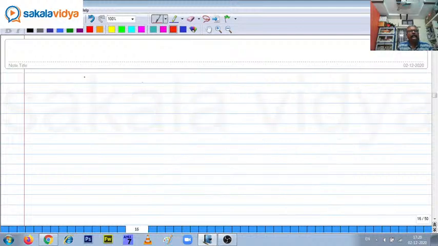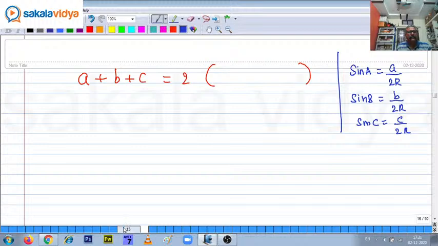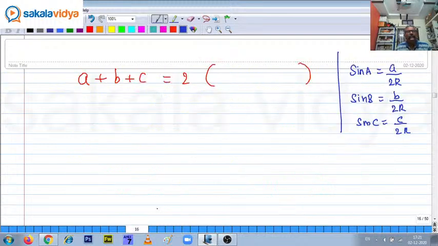So now we get A plus B plus C equals to 2 times sine A plus sine B plus sine C. From sine rule, sine A equals to A by 2R, sine B equals to B by 2R, sine C equals to C by 2R. And what is given according to the problem? A is equal to 1.